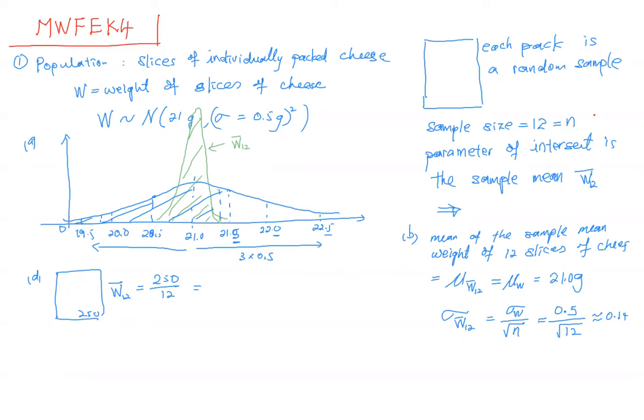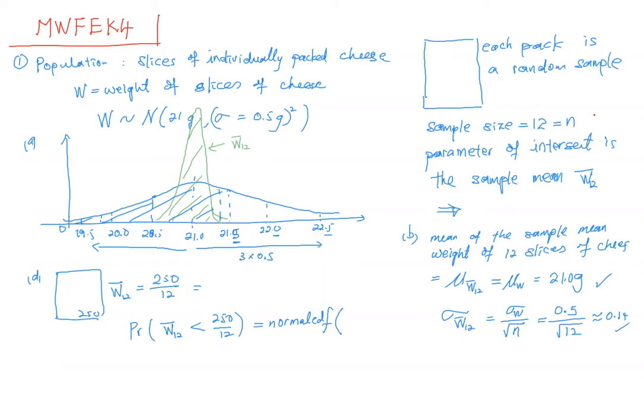That means the probability that the mean weight of the 12 is less than 250 divided by 12. So you use your normal CDF. Because we got this and this already, I don't want to use the sum.